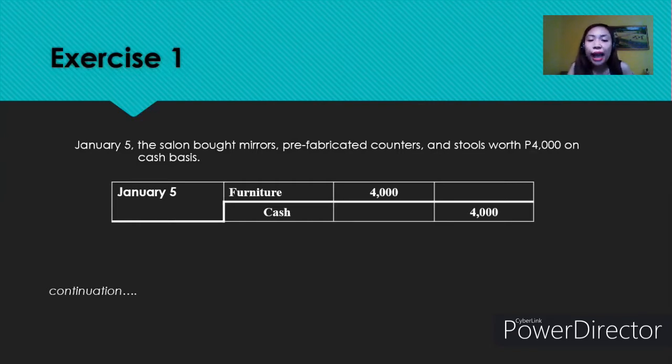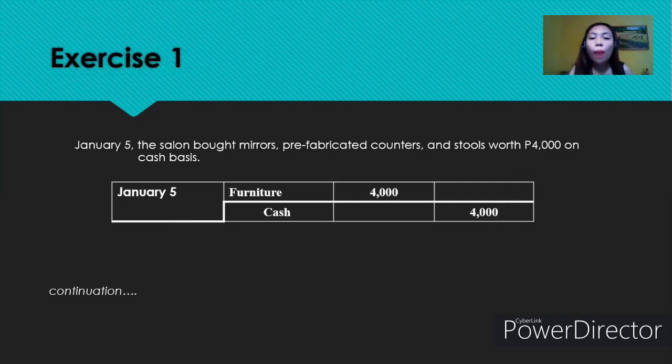The furniture account is part of the assets, and remember that the normal balance of furniture is debit. If you want to increase it, you put it on the debit corner. Given that you bought furniture, it will be an addition to your company's assets. So how much is the value? 4,000. So you have to debit it.